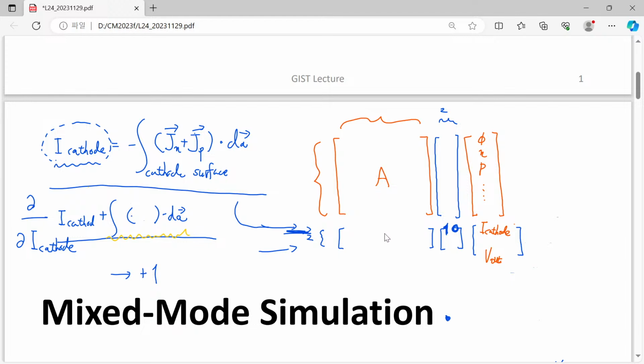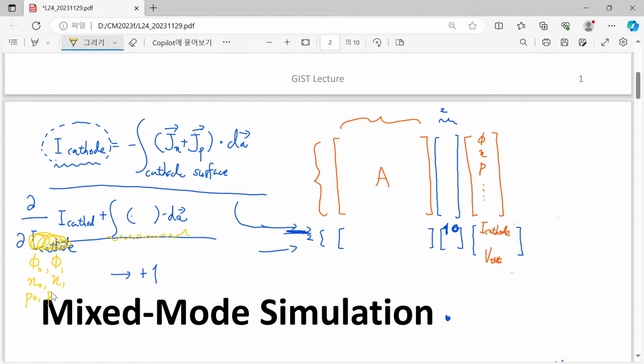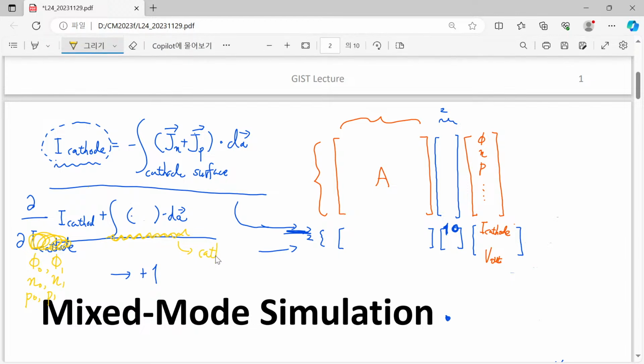By taking the derivative of this residue with respect to, for example, phi 0, phi 1, n 0, n 1, p 0, and p 1, each partial derivative will give you non-zero values, because this integration is highly localized around the cathode contact, which in our case corresponds to x naught.